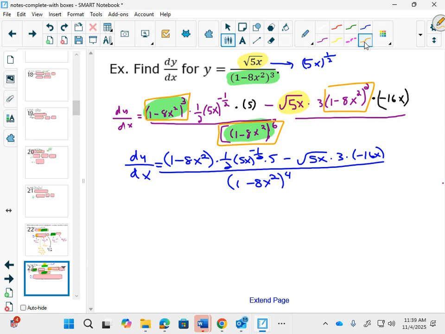Can you see that you could cancel out a 1 minus 8x squared all squared from all of them? That would leave me with 1 minus 8x squared in the first one, because 2 of them got canceled out. They're all gone in the second term because they both got canceled out. And you'd be left with only 4 of them on the bottom.